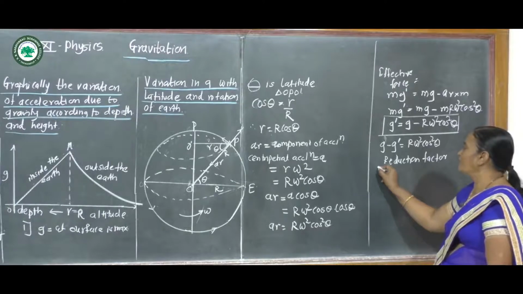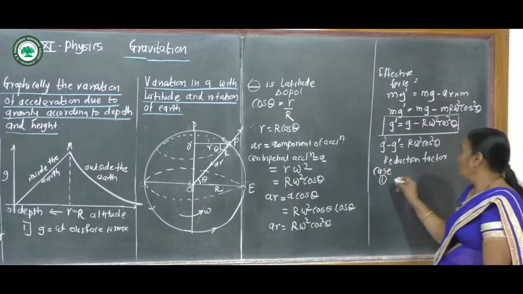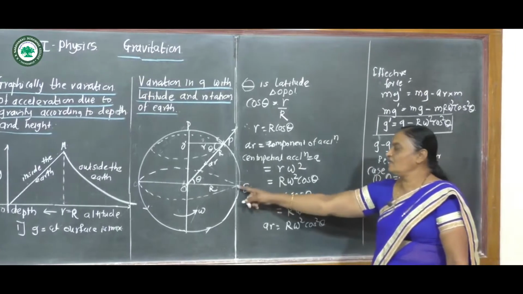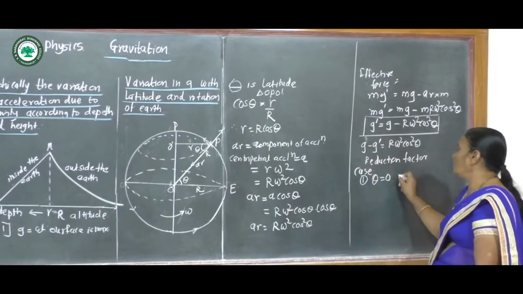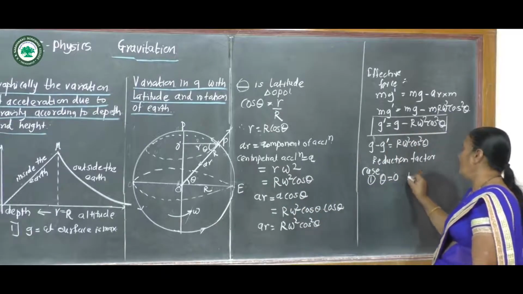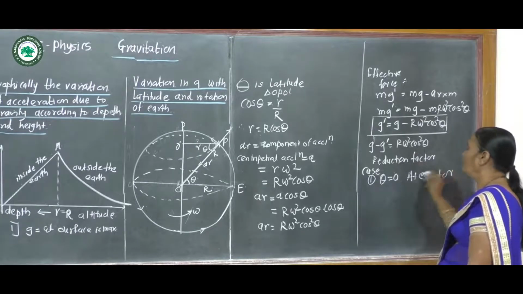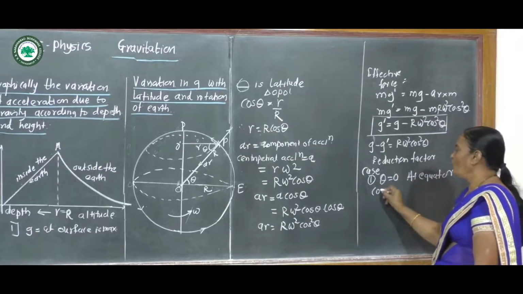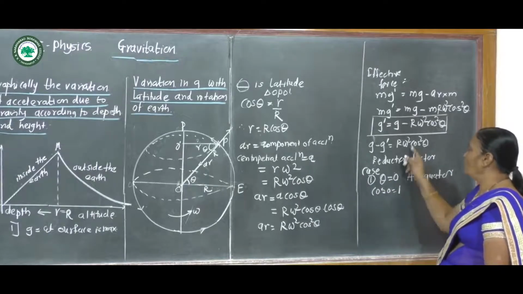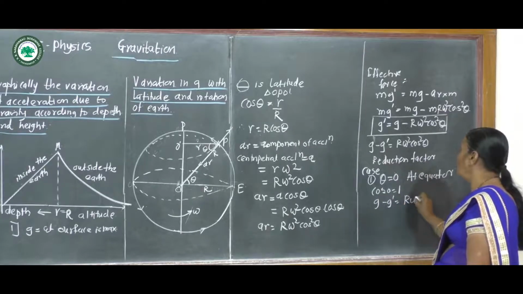Now consider two cases. The first case is theta equal to 0. See here, theta is equal to 0, the particle is at the equator. At the equator, theta is equal to 0, cos 0 is equal to 1, we get g minus g dash is equal to R omega square.